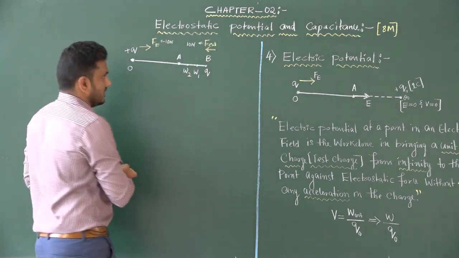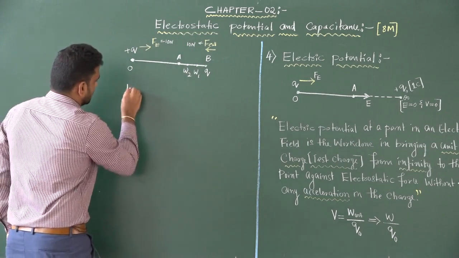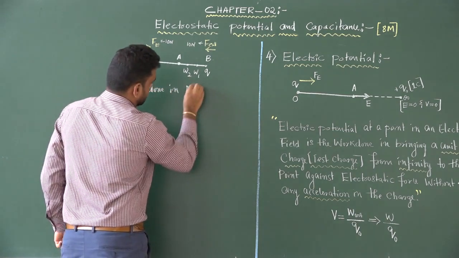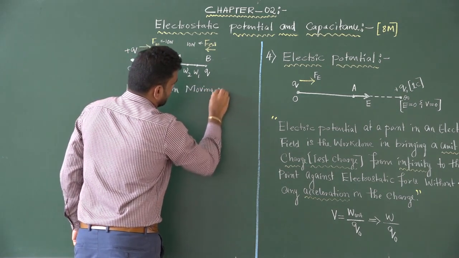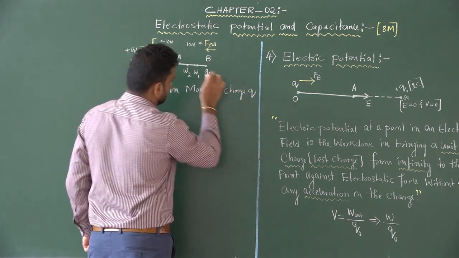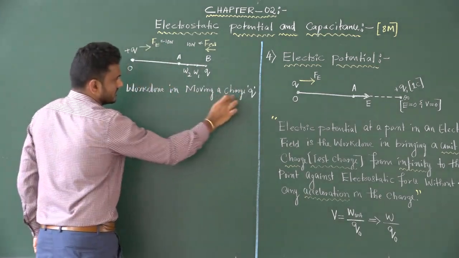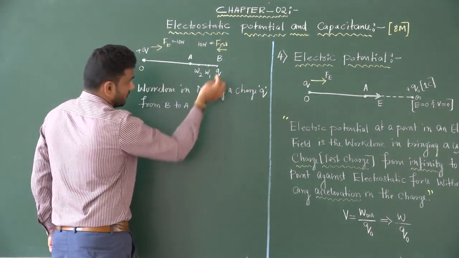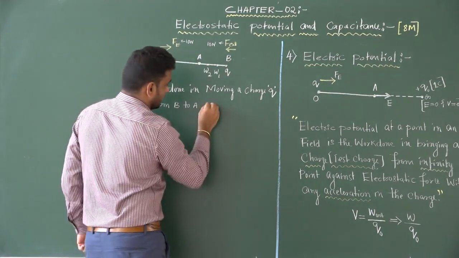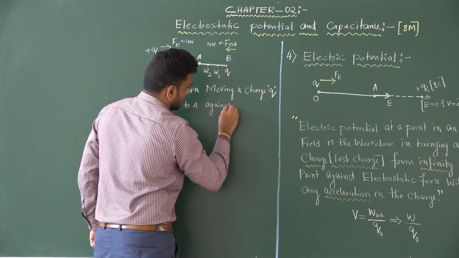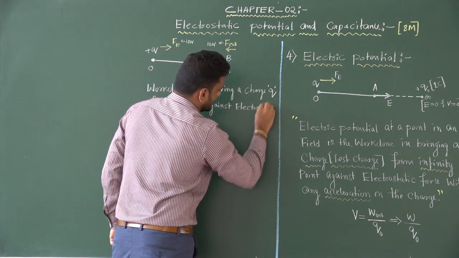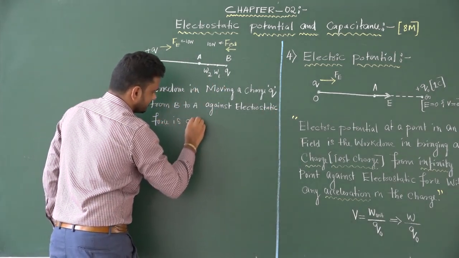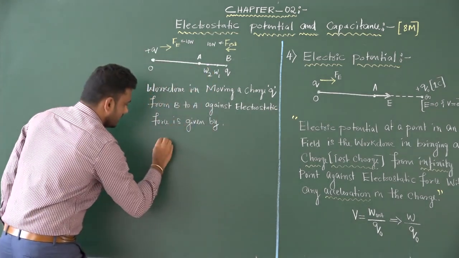Now let us calculate the work done. The work done in moving a charge Q from B to A, against electrostatic force, can be calculated by using integration.